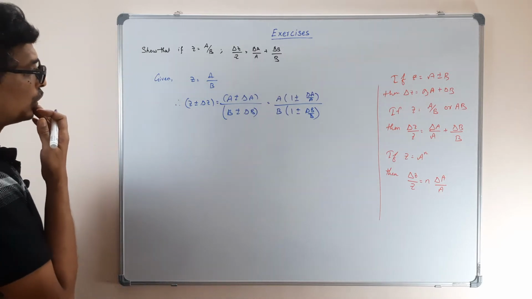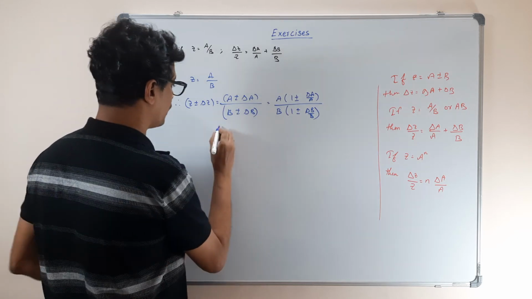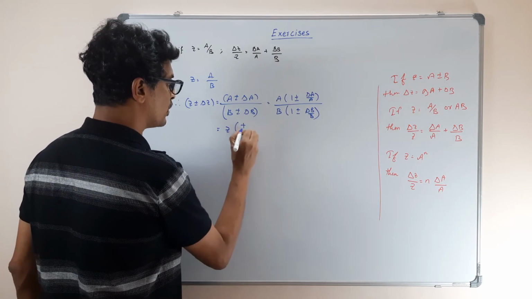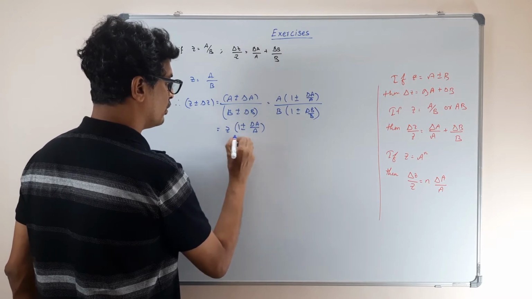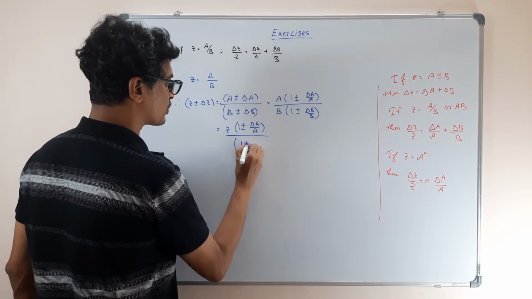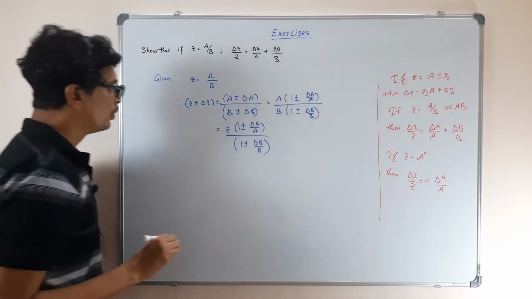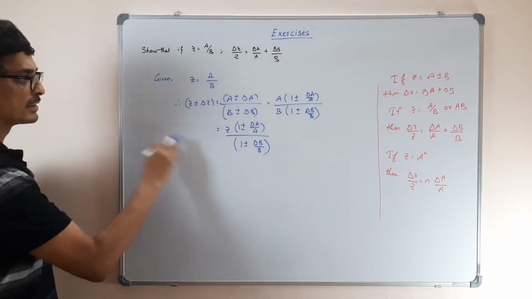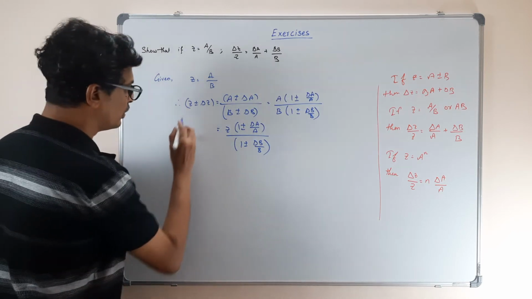Fine. So now A by B is Z, correct? So this we can write as Z into 1 plus minus delta A by A divided by 1 plus minus delta B by B. Okay. So now I will take the Z this side. When I take the Z this side, what happened?